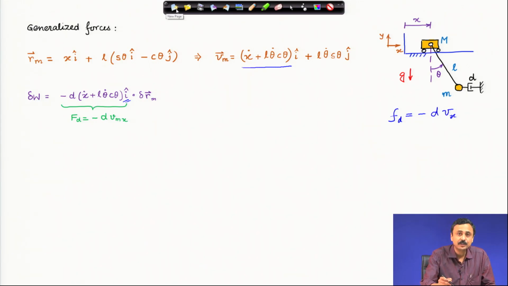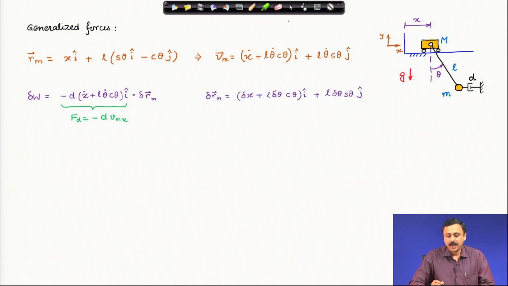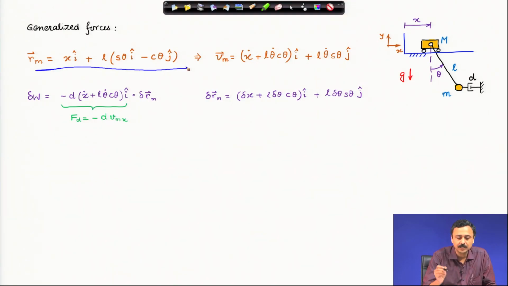So, the virtual displacement of the bob: the force dot the variation, or the virtual displacement, in the physical coordinates of the bob. And I can write down from here the variation of the physical coordinate in terms of the generalized coordinate.